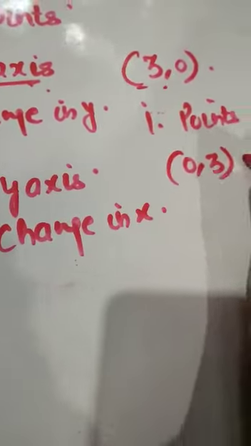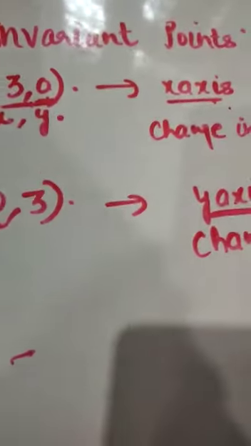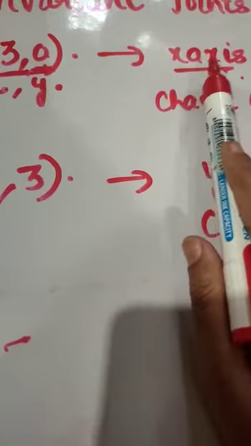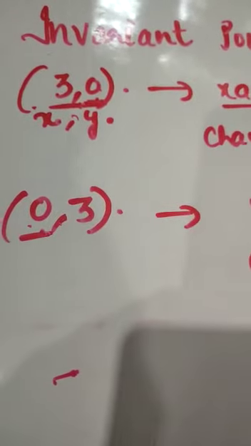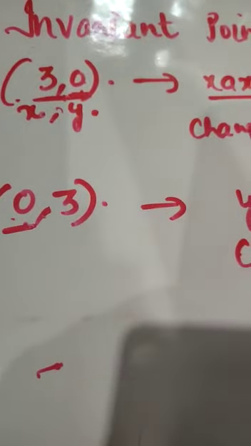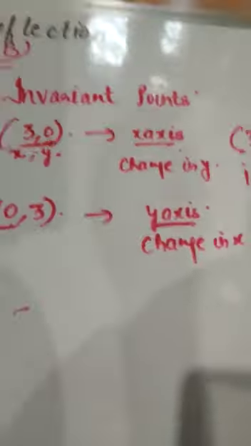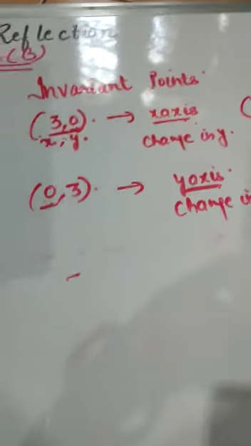So this point will again remain 0 and 3 in the case of reflection in the y-axis. So the points which are the same after reflection in the x-axis or y-axis are called invariant points. With this concept of invariant points, we are going to start question number 2.